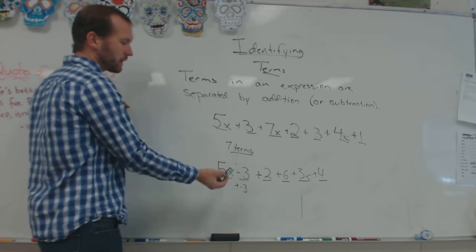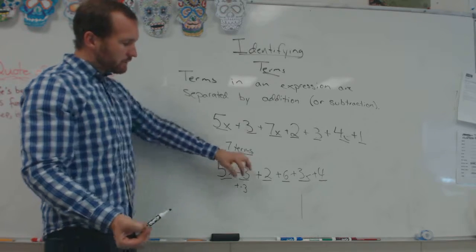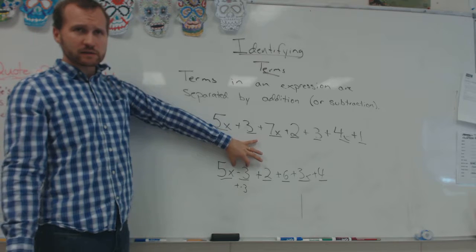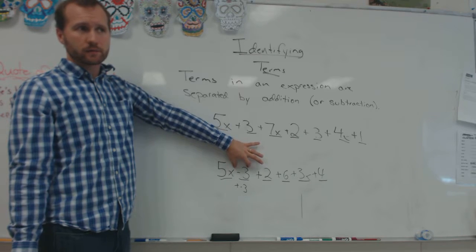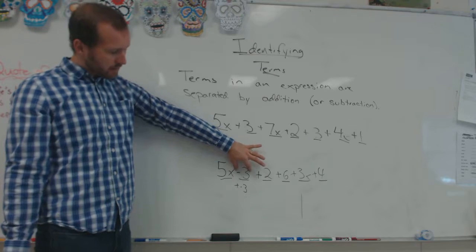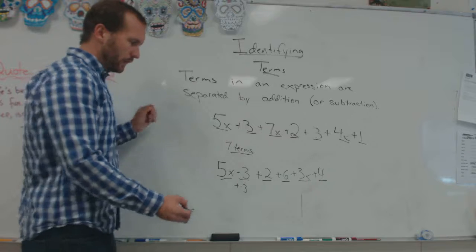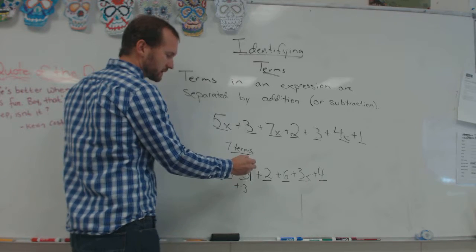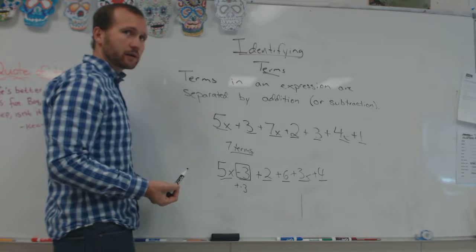So this term itself is negative. Which means when I move that around, the negative is going to stay with the 3. My negative is a part of this term. So as we're identifying terms in this expression, I would say one term is negative 3.